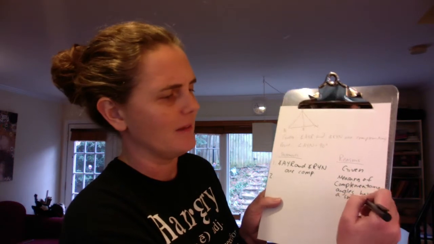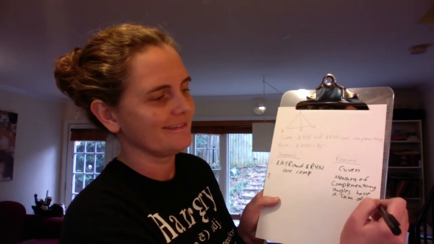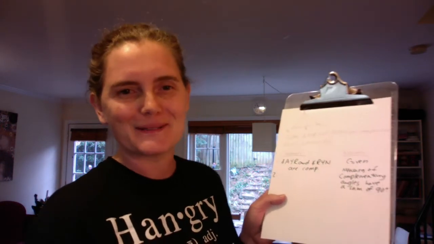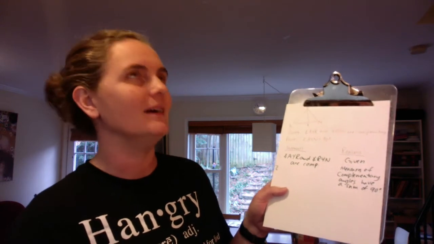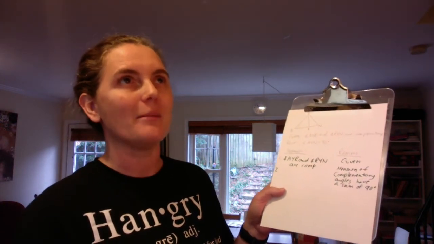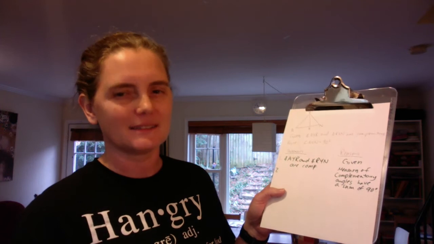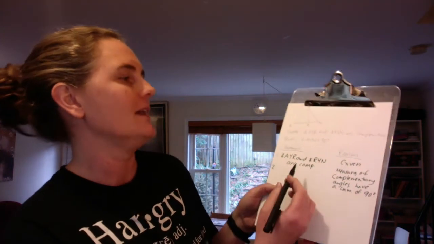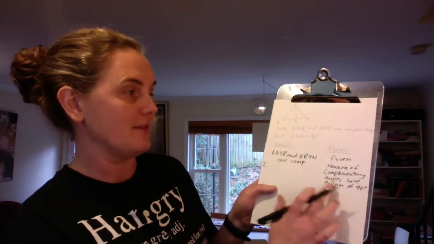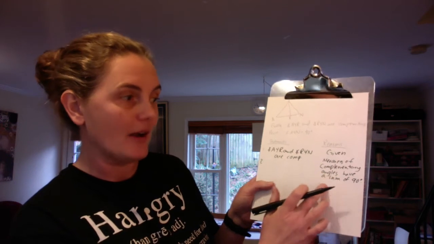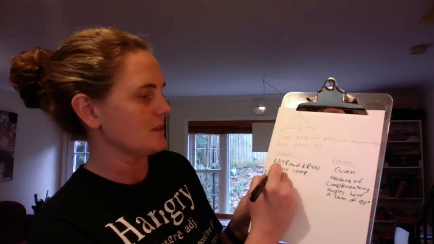Wow, I didn't word that well at all. You can look in your book and come up with something more succinct. Perhaps the sum of the measures of complementary angles is 90 degrees. That sounds a little nicer. Okay, so let's use that definition since we know that they're complementary. Okay, so they have a sum of 90 degrees. Let's go ahead and say that.